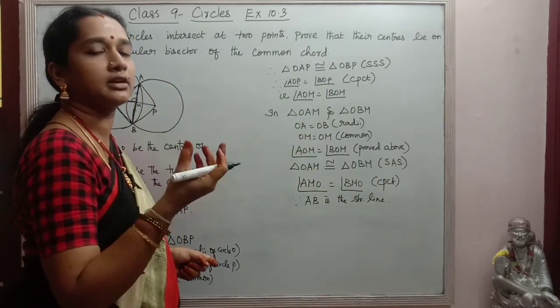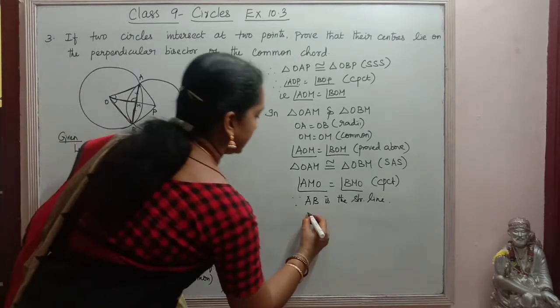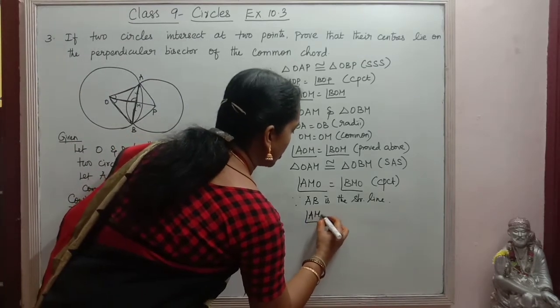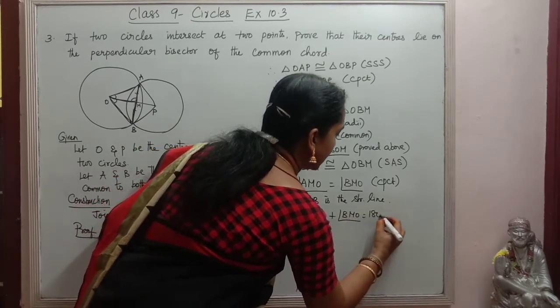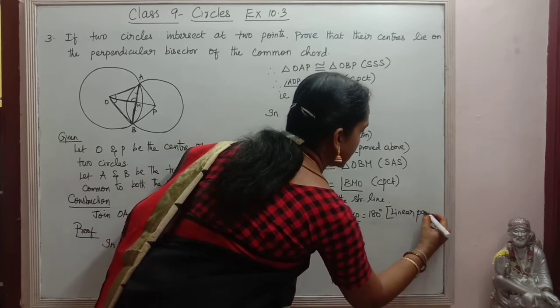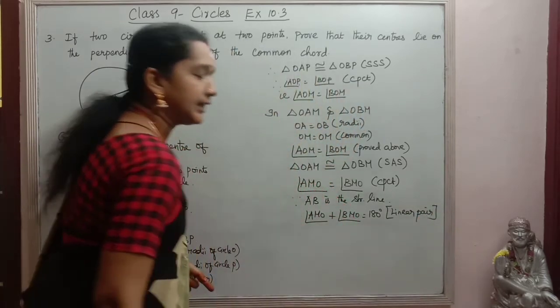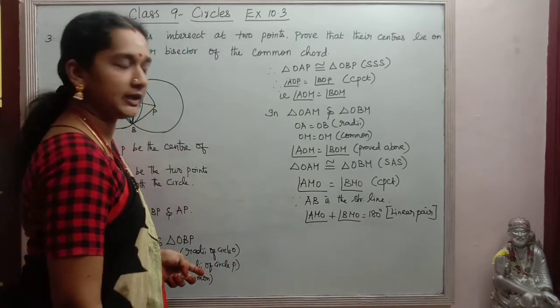When we add the two angles using linear pair, we can say that it is 180 degree. That is, angle AMO plus angle BMO is equal to 180 degree. So this is by linear pair.